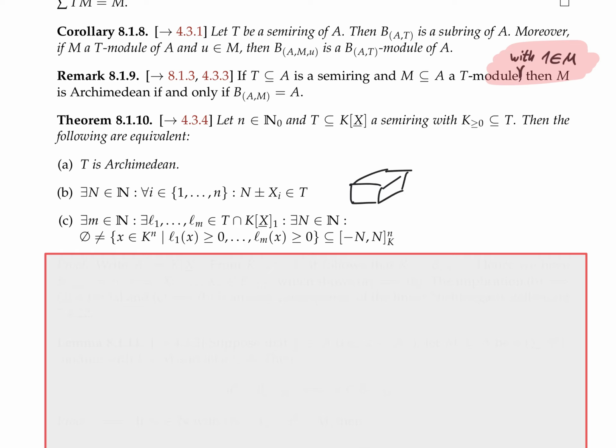So this time I don't have a ball, I have something more complicated. I actually have linear polynomials, so polynomials of degree at most 1 in T, and this would then define what you could call a polyhedron.